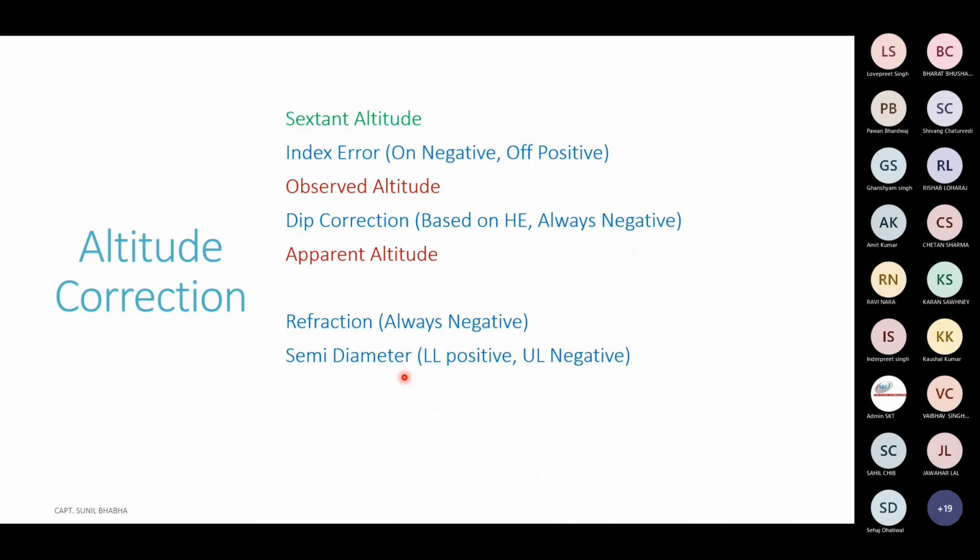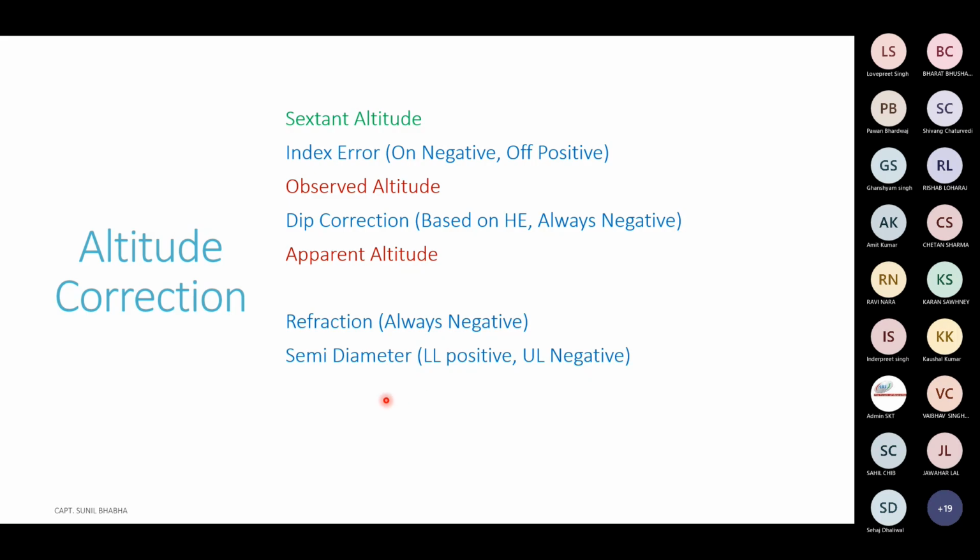So what we do in the case of sun and moon is we either take the altitude of the lower part of the disk of the sun or the moon, or we take the altitude of the upper edge of the disk. This is also known as lower limb or upper limb.